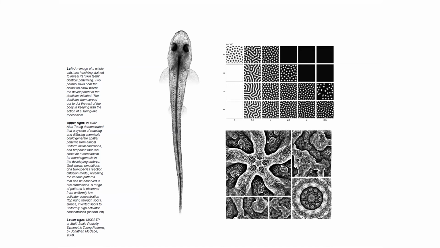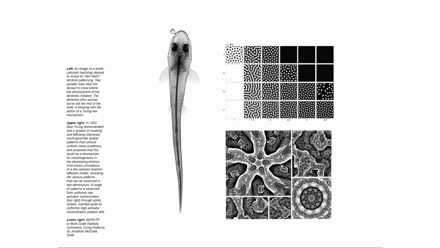You have two chemicals, and they interact in a way. One of them is accelerating the reaction, and the other one is inhibiting the reaction. And depending on the concentration of these two chemical components, you can get different patterns. So you can use this to simulate these. These are today called Turing patterns, because they were first described by Alan Turing, the father of modern computing.